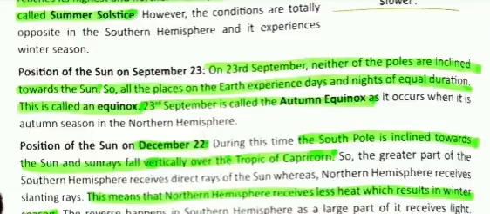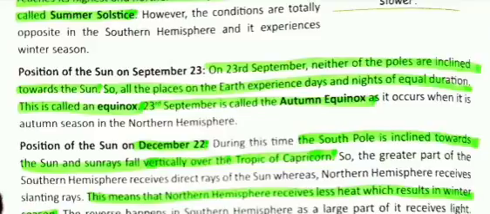Position of the sun on September 23rd. On 23rd September, neither of the poles are inclined towards the sun. So all the places on the earth experience days and nights of equal duration. This is called equinox.